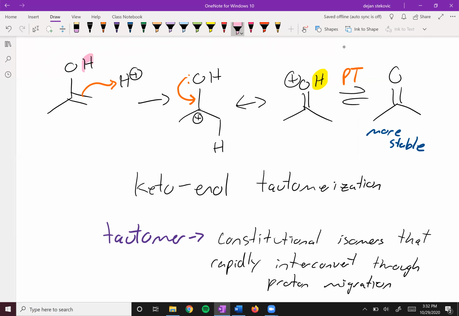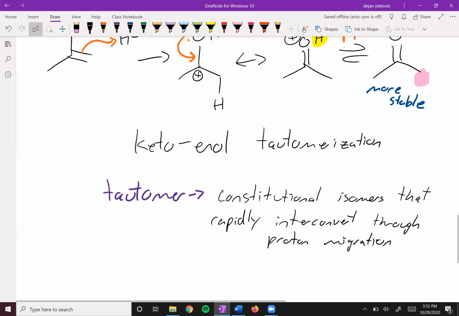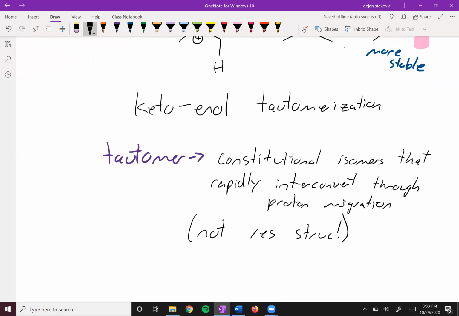And so what you can tell here is this proton migrated over here onto this carbon, right, to form the more stable structure. The main thing that you kind of want to know here is that these are not resonant structures, right? These have to undergo some kind of chemical change, and they do, right? They do so very rapidly and whatnot, but they are indeed two distinct structures, whereas resonant structures are just drawings of the same compound.